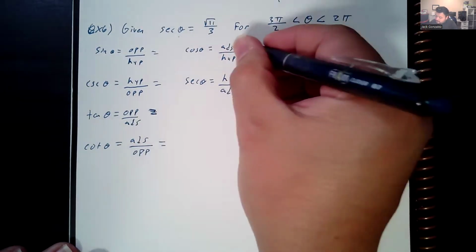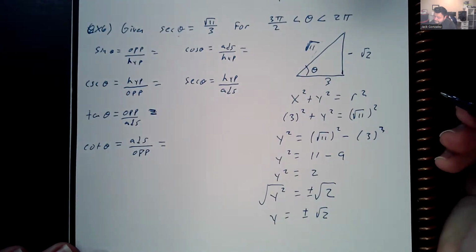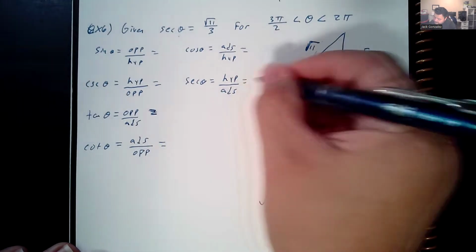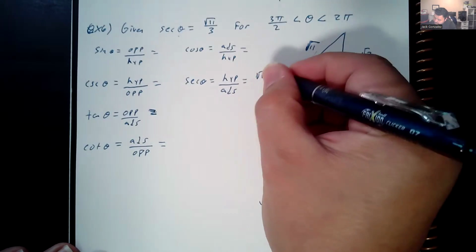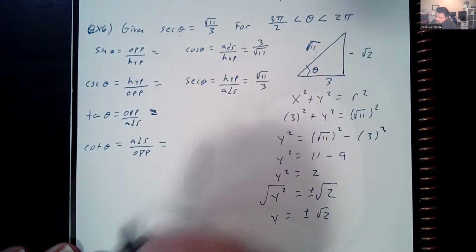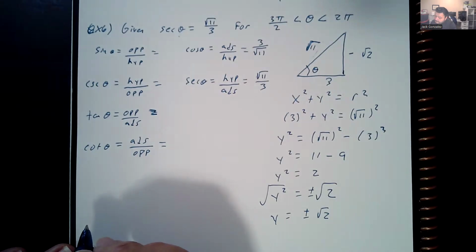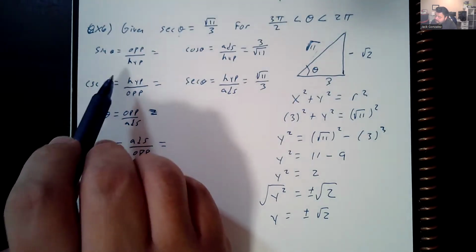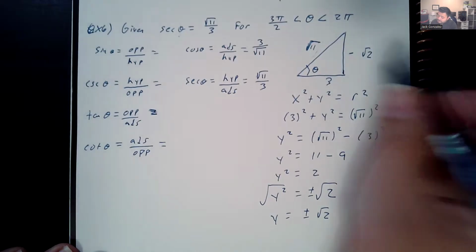Okay, so cosine and secant are pretty much given to us. So here's secant, here's cosine. Here's sine, right? Opposite over hypotenuse.